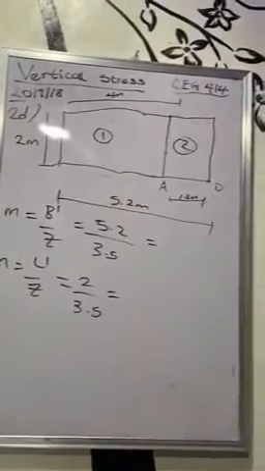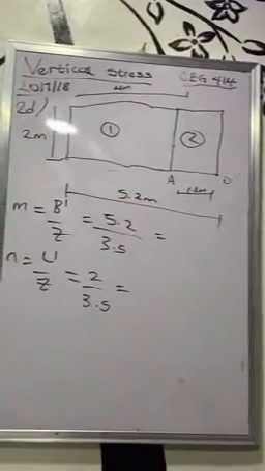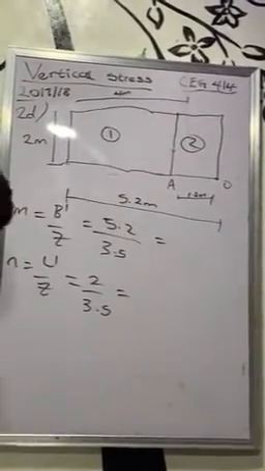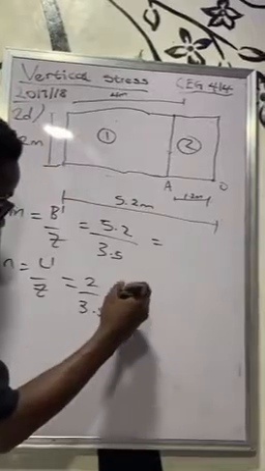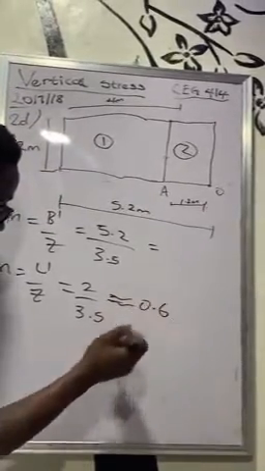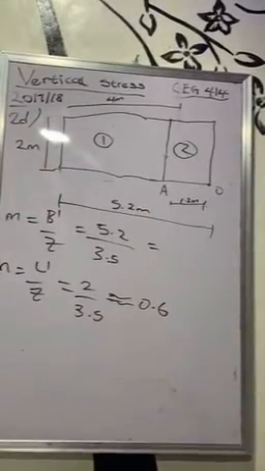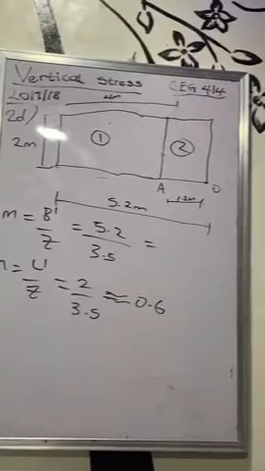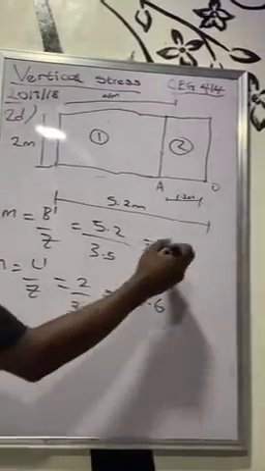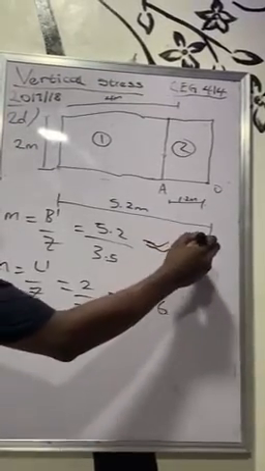So when I approximated for this, I got 2 over 3.5 to be something like 0.6. This is an approximation, so I don't have to interpolate. And 5.2 over 3.5, I approximated this to give me 1.5.